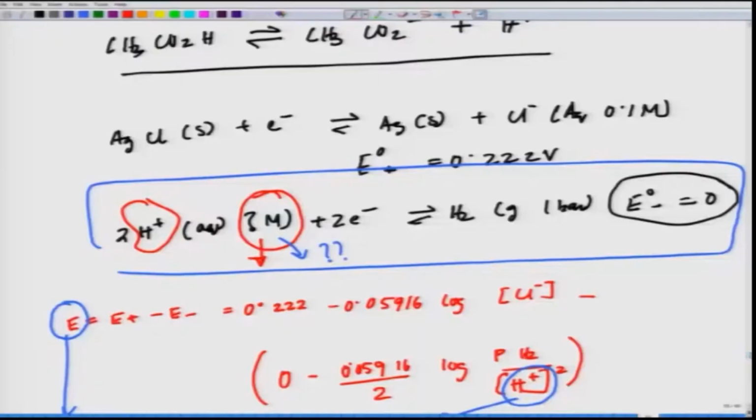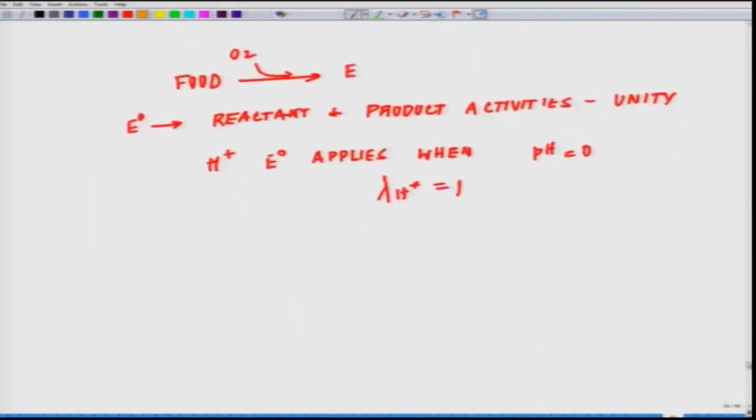But think of a situation, think of the last class when we talked about a situation like this, where one of the key contestants is this. Now, as soon as you have H plus ions coming into play, the game changes, because it shifts the pH, and as soon as it shifts the pH, the dissociation, association, all the activities, everything goes for a toss.